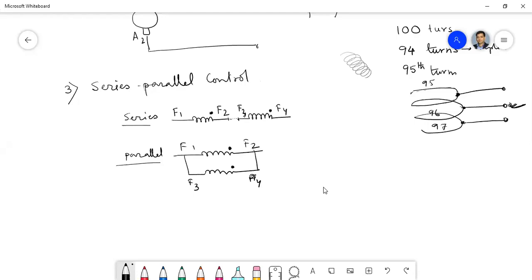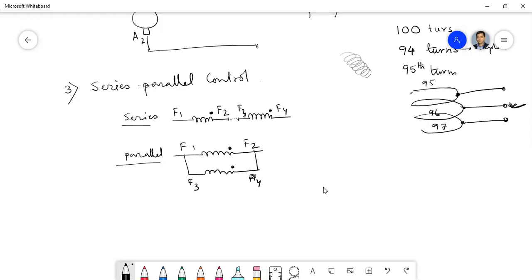In case of series, dot and non-dot will be connected. In case of parallel, dot to dot and non-dot to non-dot will be shorted. If you change the polarity, the flux will cancel out and be 0 for the series field, and in the case of the shunt field also the flux will be 0. So that is not recommended. You have to maintain this polarity when going for series or parallel.